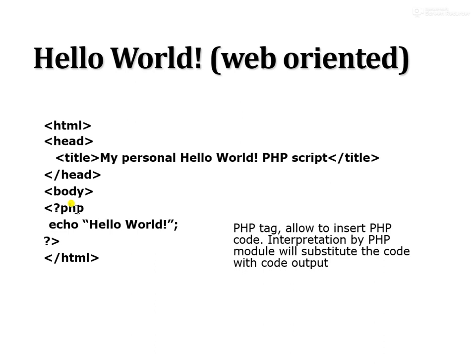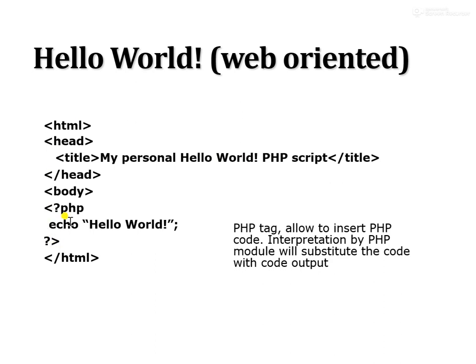This is a very simple hello world PHP code for you, where we embed a PHP script inside our HTML page. So this is a very simple HTML page. You know that an HTML page starts with the HTML tag, and within it we have head and body. Inside head we have a title, and then we have a body.